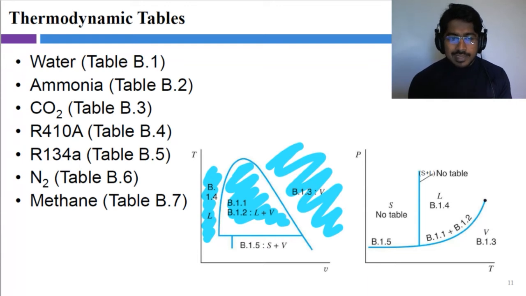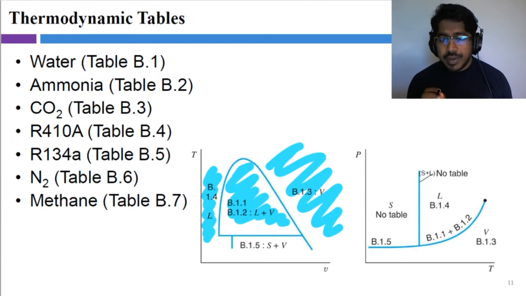As this is an online medium, I will open up the PDF of the property table and do a quick search. The shortcut for the search is Control F. I'll search compressed liquid or water, and then scroll through until I find the applicable table for my case.